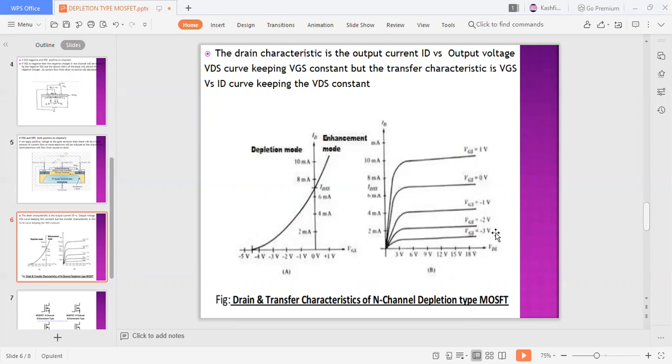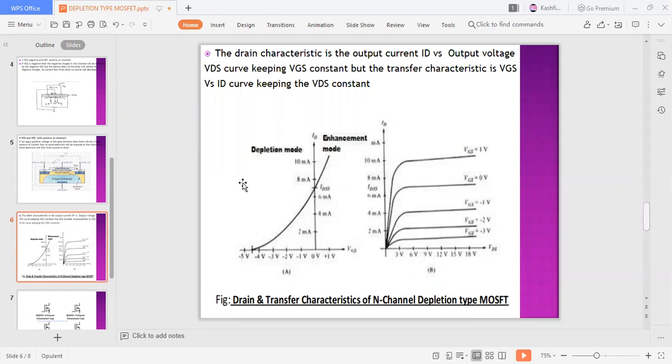We can see for depletion type MOSFET, if we keep VGS equals 0, then we are getting some current. That means for VGS equals 0, there will be a channel, and for this channel we are getting this amount of current. Now if we increase VGS, we are getting much more current, as I said before. But if we give a negative voltage, the channel will be narrower and the current will start to decrease.